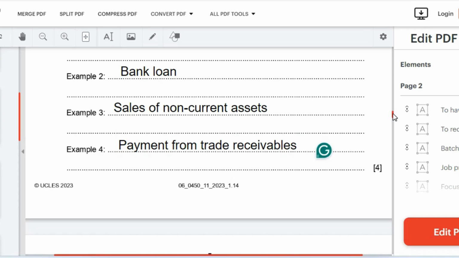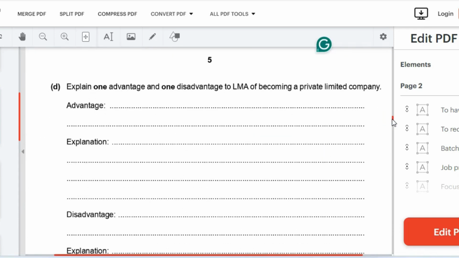Now we move to the next question here. We have 2D. Explain one advantage and one disadvantage to LMA of becoming a private limited company. Of course, we were told that LMA was given advice to become a private limited company, according to the summary we read. Now, what are the advantages that you think can be of benefit to LMA when becoming a private limited company?